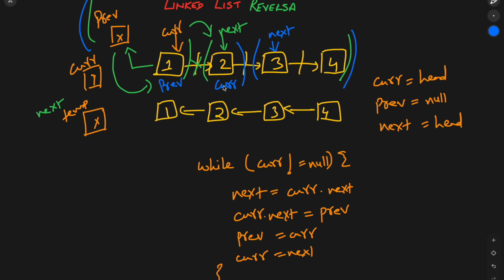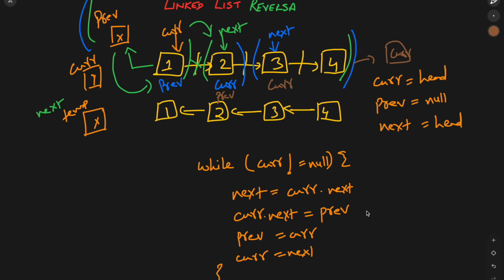At this point, there are two linked lists and the next step is again to move forward the previous and the current nodes. So this becomes previous and this becomes current again. This eventually will come to a stage where the current value becomes null.